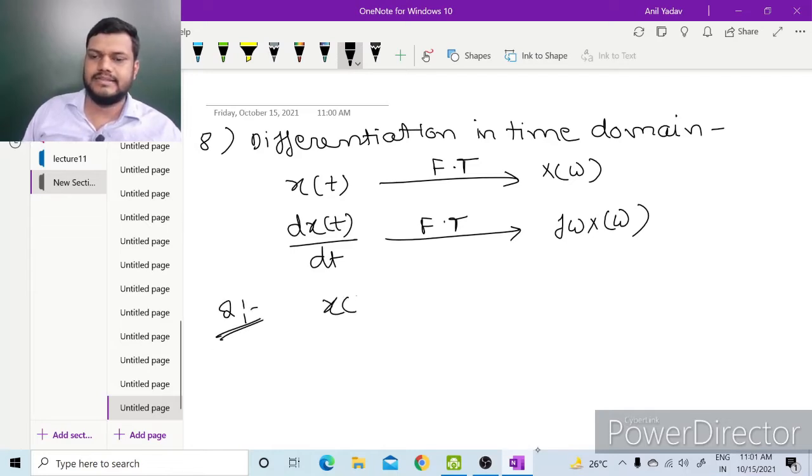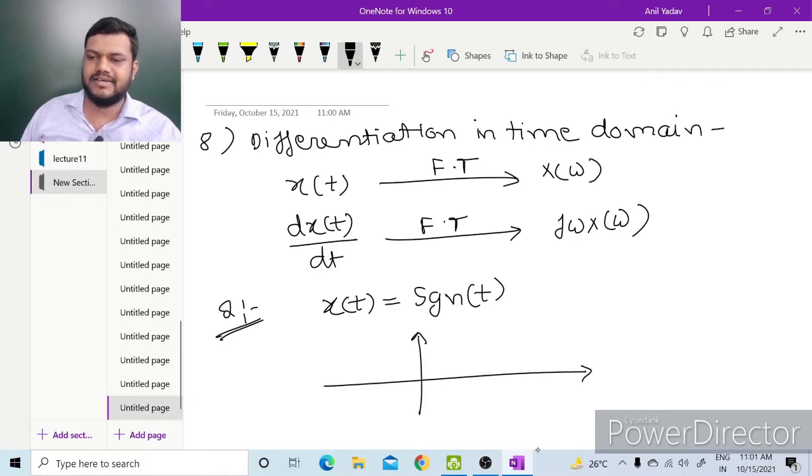Let us say x(t) is signum t. So we know signum function can be written as: signum t is 1 for t greater than 0 and minus 1 for t less than 0, and it is 0 at t equal to 0.